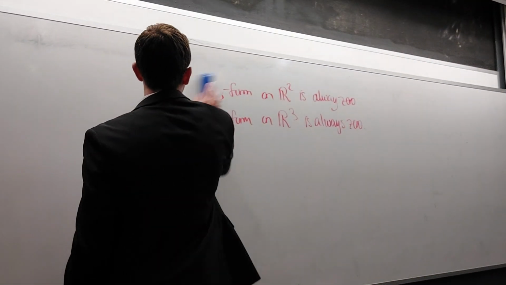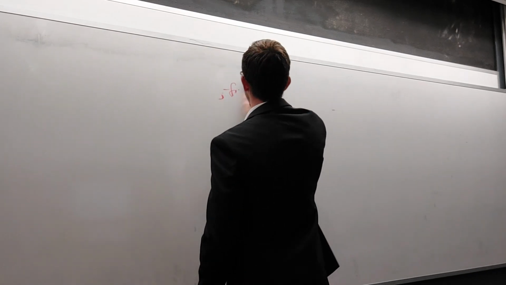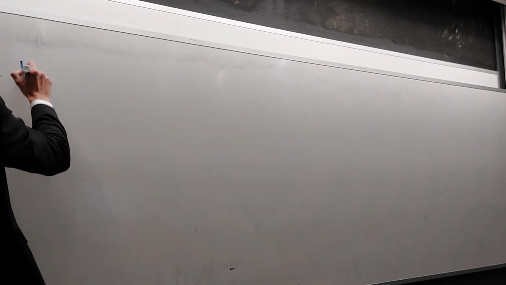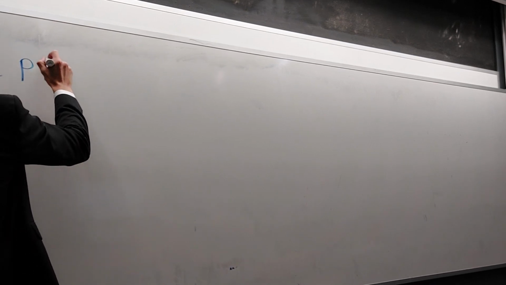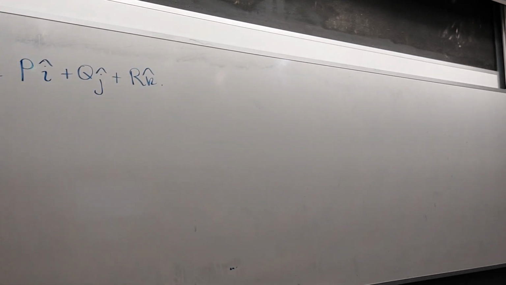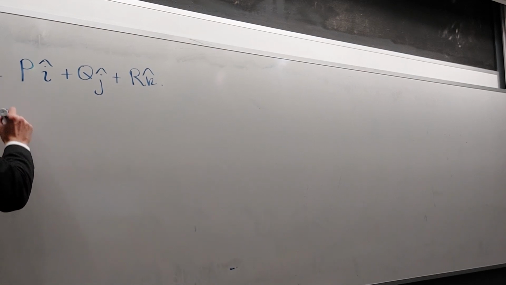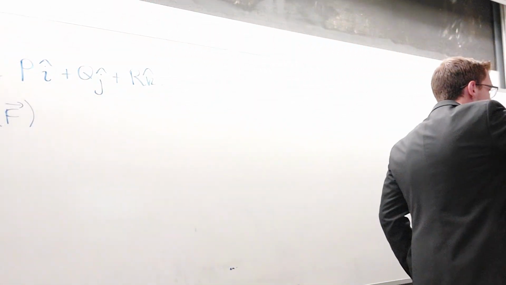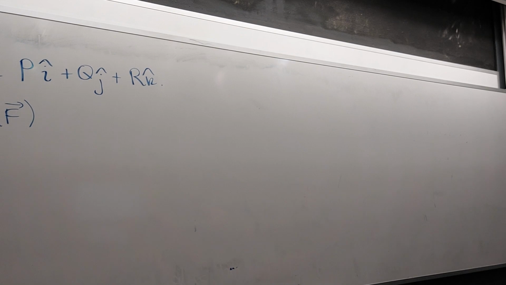Nevertheless, if I have a vector field F, which is, let's say, P in the i direction, Q in the j direction, plus R in the k direction, these are functions P, Q, and R, then what I want to do is look at something which I call the curl of F. And this is a measure of the rotational aspects of this vector field.